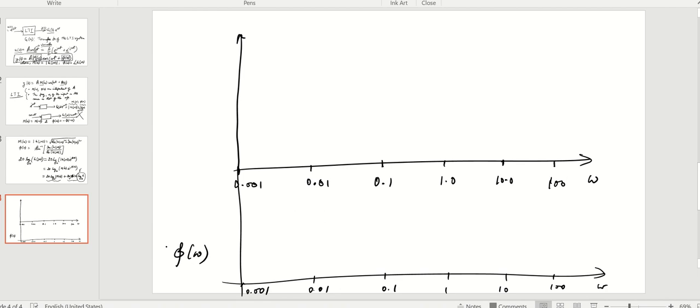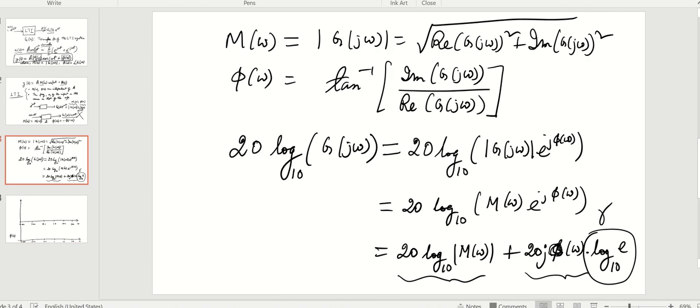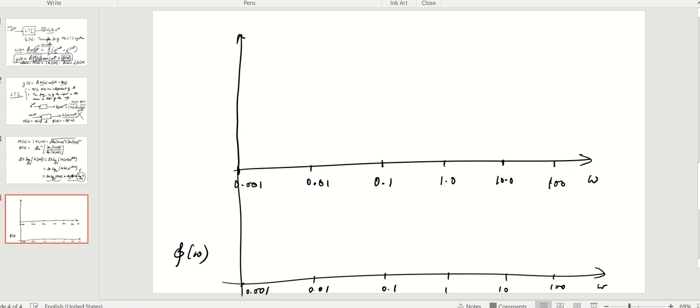So on the same graph, we want to draw this phi of omega. Of course, you can consider the gamma, but even if you let go of the gamma, it's just a scaling factor. Remember in the previous slide, we showed that this log of e to the base 10 is a constant, probably a little over 0.3. You can ignore that safely. So 20 times 0.3, that's around 6. You can just safely ignore that. And this just comes out to be purely the phase function. Right there.